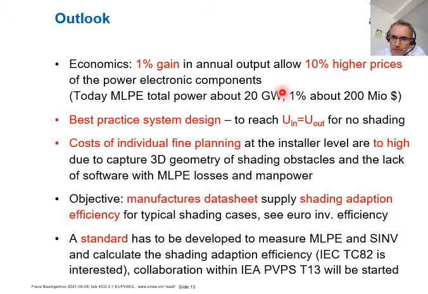And if we take into account that today 20 gigawatt of PV systems are operated with MLPEs, we talk about $200 million related to that gain of 1% or loss of 1%.